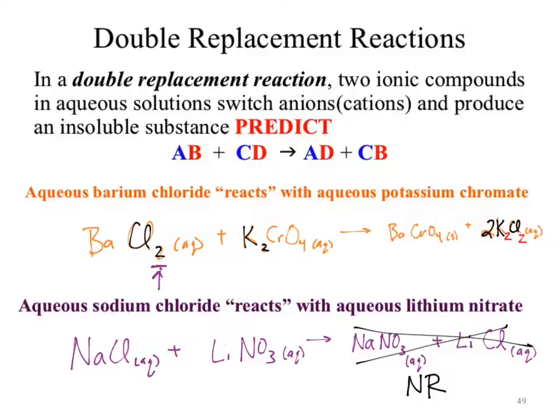To balance the, careful, barium. Is the Cl with barium anymore? No. So I can't put the 2 there because it's not with barium, or at least not for that reason. So I will ignore the 2 for the moment.